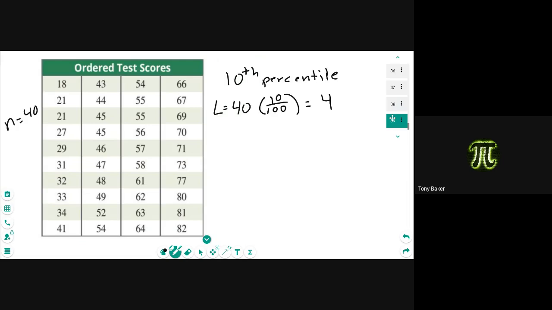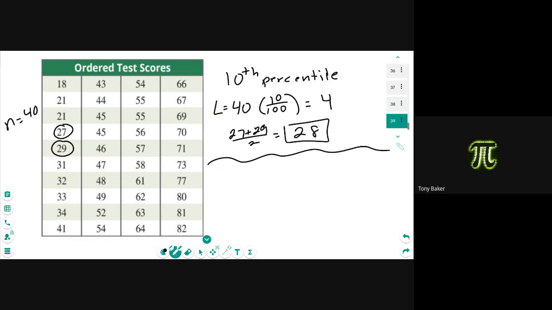I'm going to look at the fourth number and the fifth number. I gave you the ordered list, so we didn't have to put them in order. So the 10th percentile is 27 plus 29 divided by 2, which is 28.